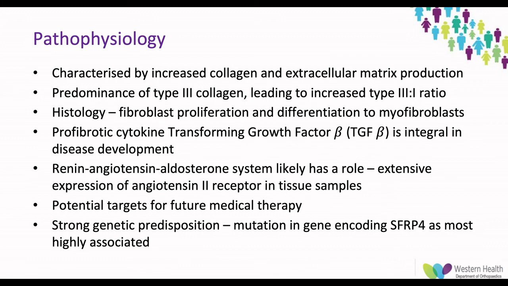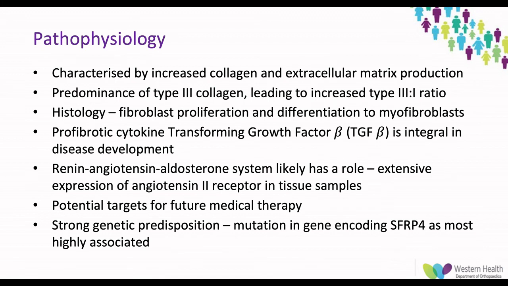Its fibroblast lineage allows it to produce collagen. The profibrotic cytokine transforming growth factor beta, or TGF-beta, is integral in disease development. It allows for differentiation of fibroblasts into myofibroblasts, stimulates collagen production by myofibroblasts, and stimulates contraction.